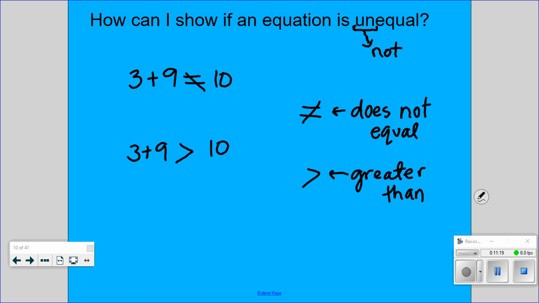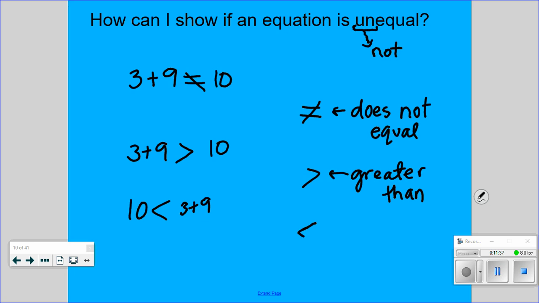So if I rework my equation and I start with my 10, I can write the equation this way, which now I would say 10 is less than 3 plus 9.